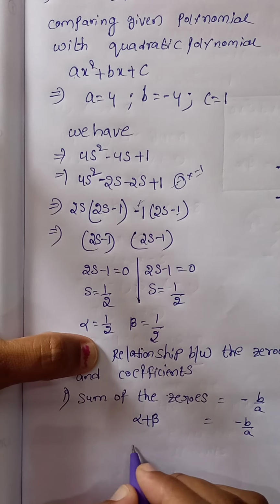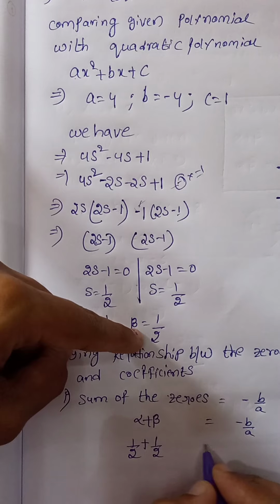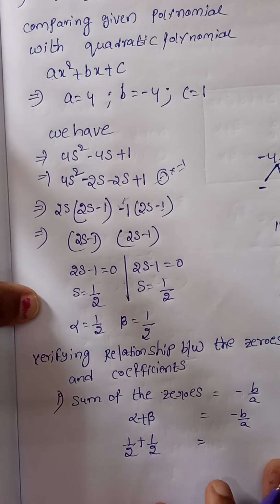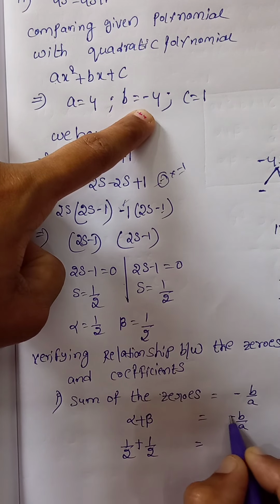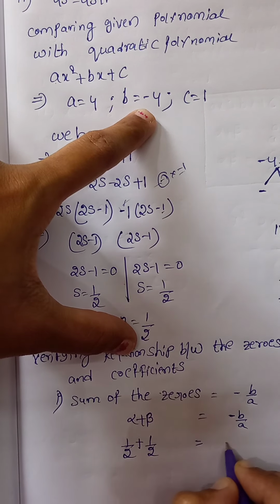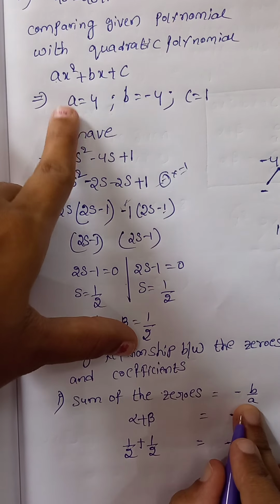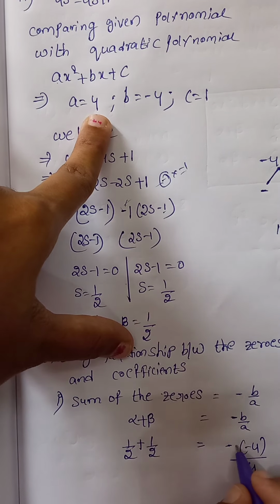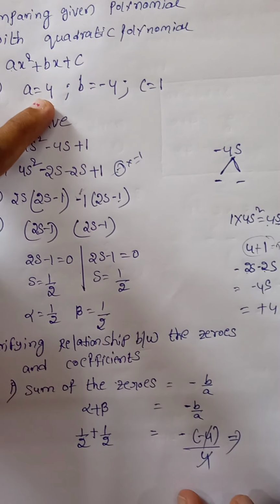So what is the alpha value? 1 by 2, plus what is the beta value? 1 by 2, equals, see what is the b value here? Minus 4. So minus b by a: first keep this minus, and the b value is minus 4 divided by the a value, 4. Minus into minus is plus, and 4 will get cancelled.